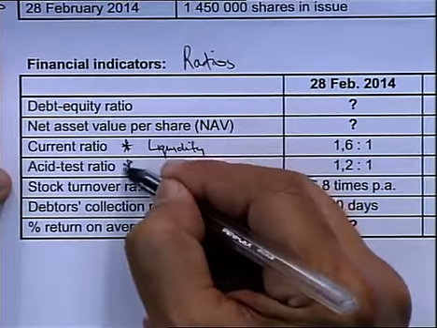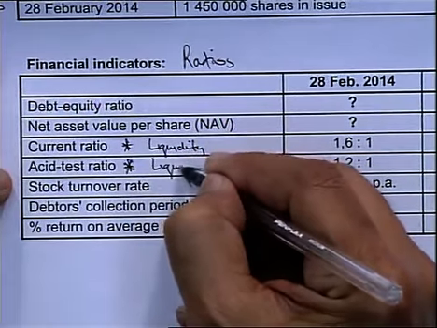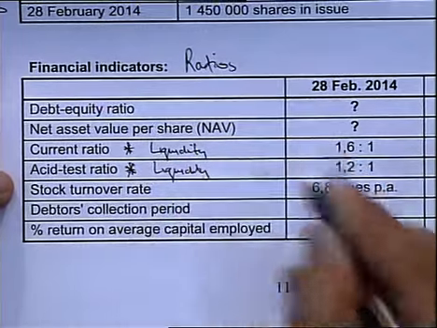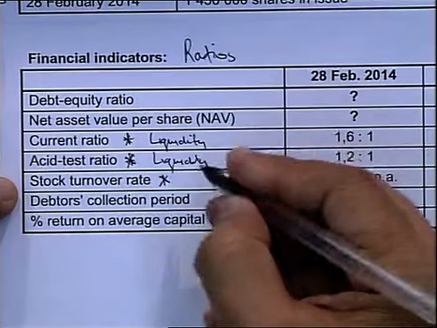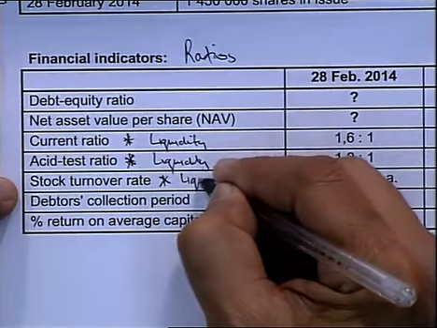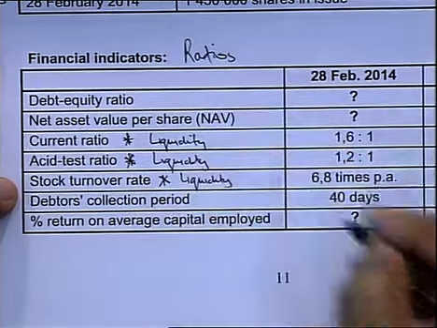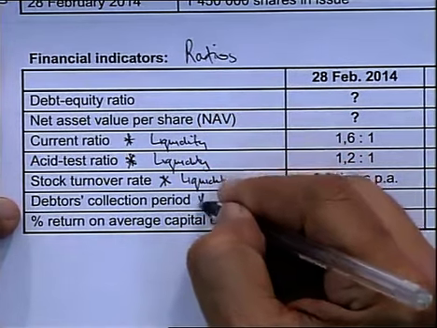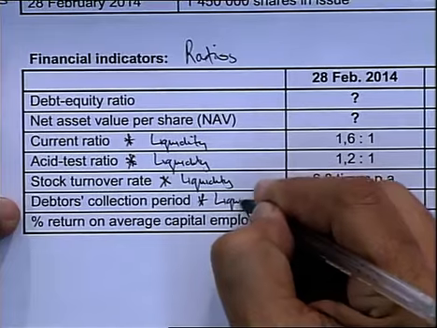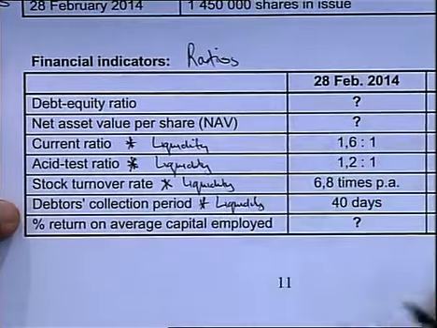Then the asset test ratio, that's also a liquidity ratio. Stock turnover rate, that's also a liquidity ratio. And the last one in this information, that's the debtors collection. That's also a liquidity ratio.